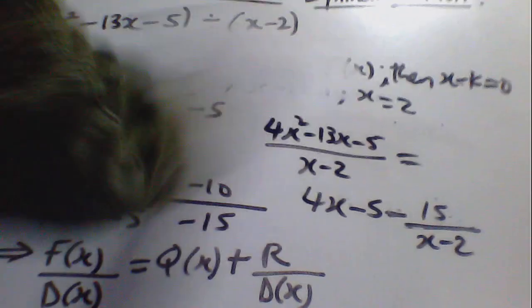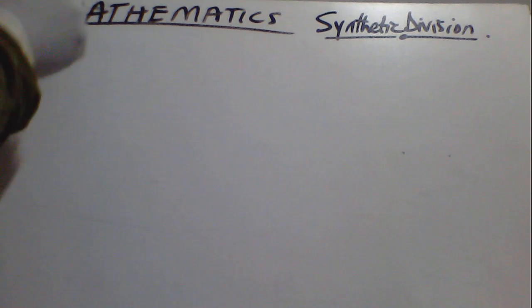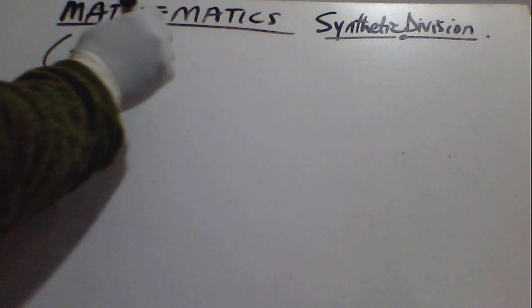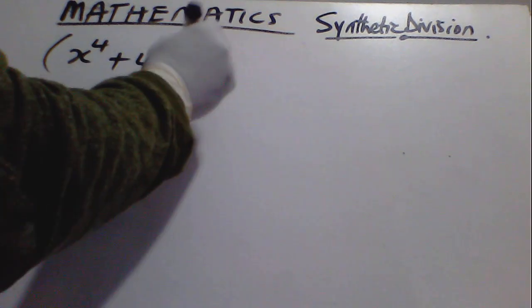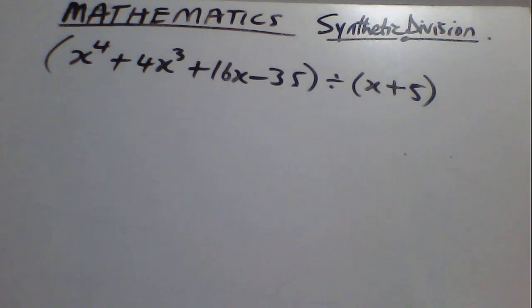Let's clean here. So the second example is, we are given x to the power of 4 plus 4x raised to the power 3 plus 16x minus 35 divided by x plus 5, using the synthetic method.